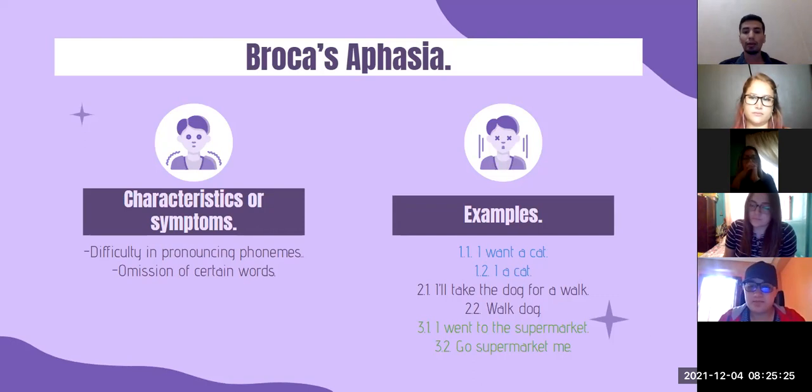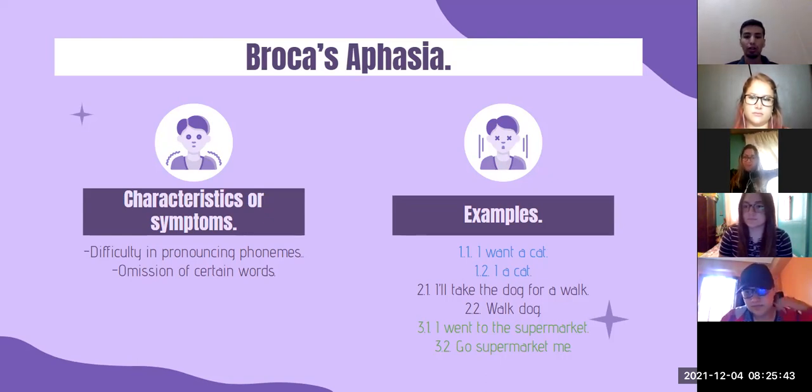So for example, we say, I want a cat, but a person with aphasia would say, I a cat, or I cat. And then we have, I'll take the dog for a walk. A person with non-fluent aphasia would say, walk dog, only those two words.